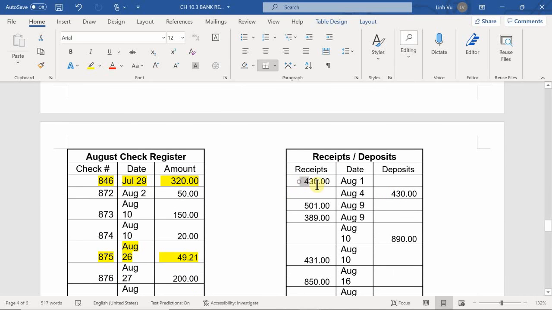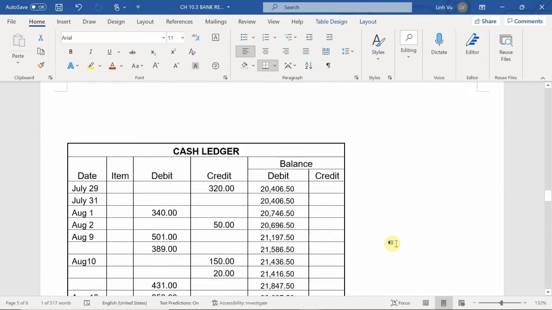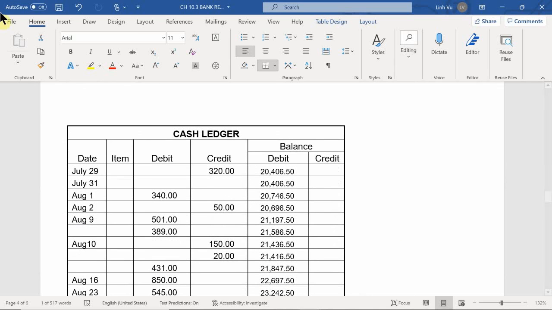It says right here that I had $430, and therefore I deposited $430, and the bank recognized that. There's no way you would deposit $340 when the bank shows that you deposited $430. So in this case, you made a mistake in your own books.